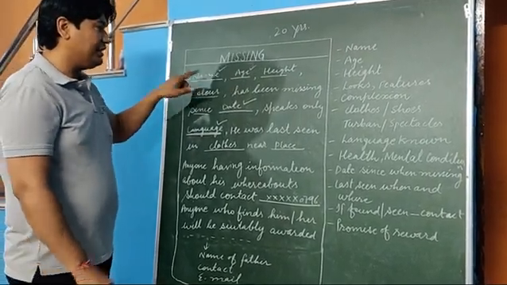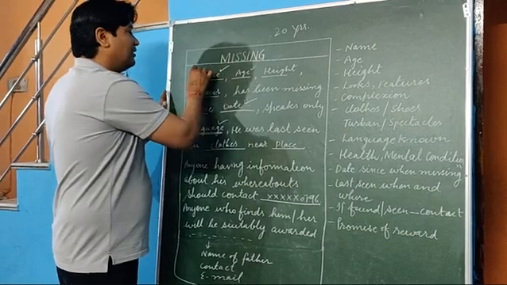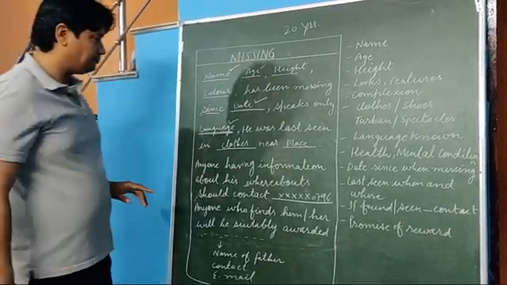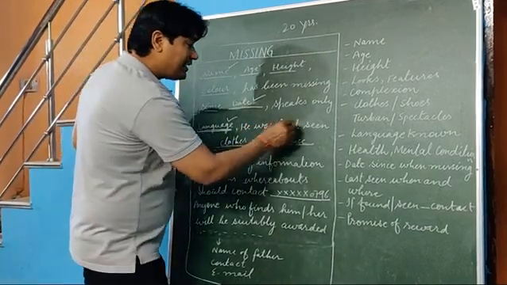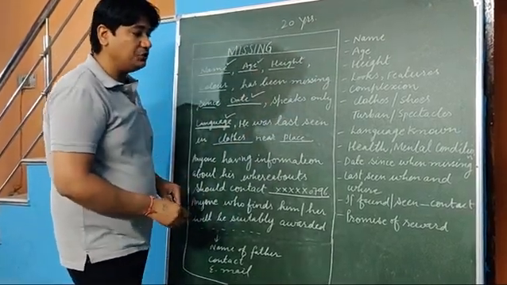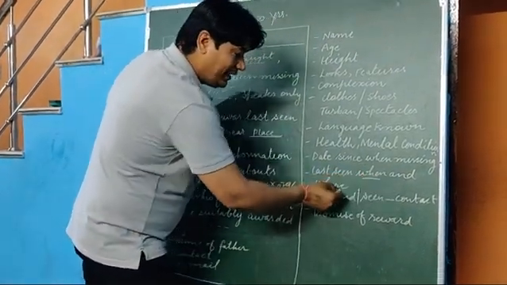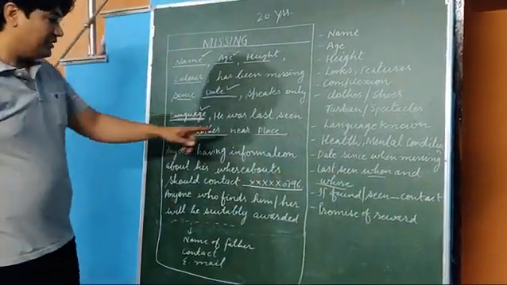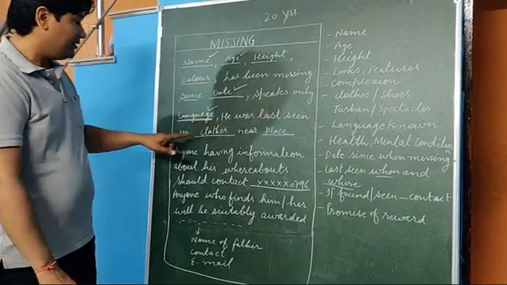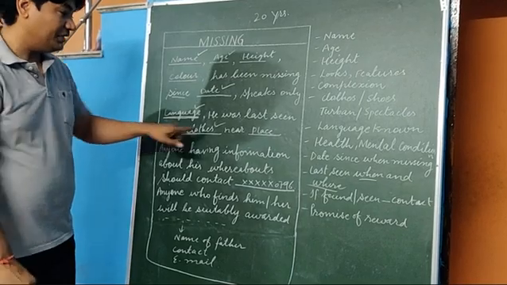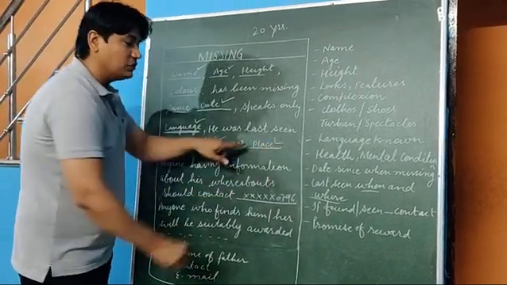As I have mentioned here name, you have to mention the name of the child like Vivek, Vikas, Prabha, whatever. Then he was last seen. As I told you, we are to mention last seen when and where. You have to mention he was last seen in, first mentioning what sort of clothes he was wearing at that moment, near, and the place where he was seen last time.